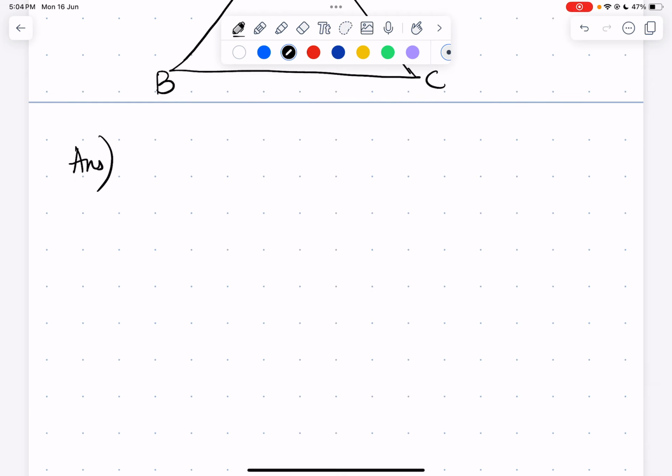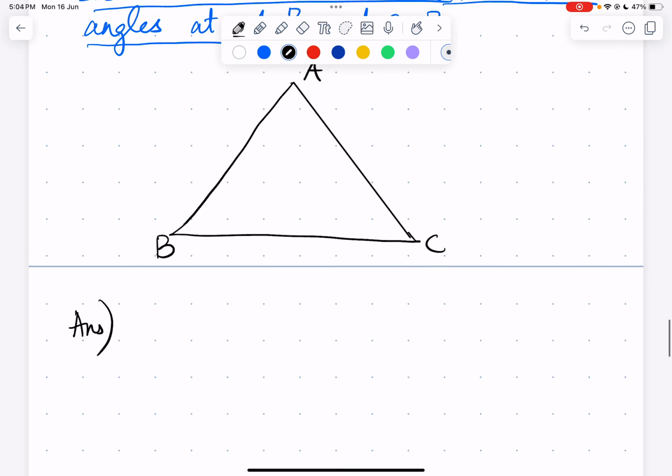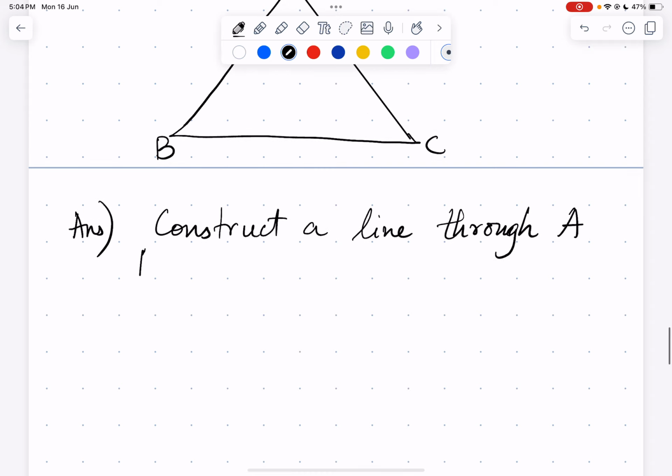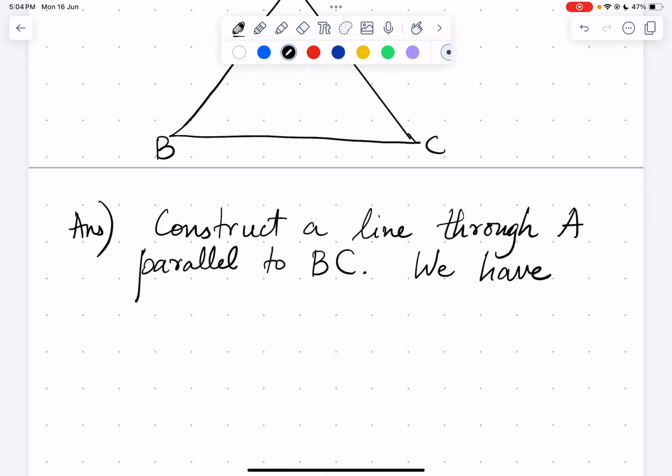Answer. Given this triangle ABC, you can construct a line through A parallel to BC. Then we have this diagram.